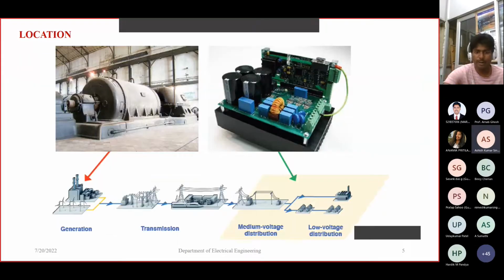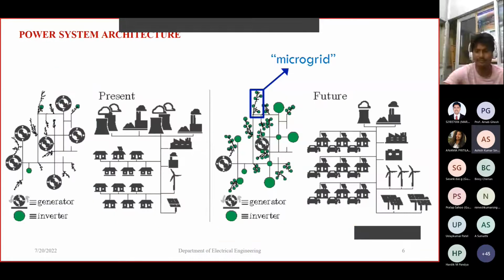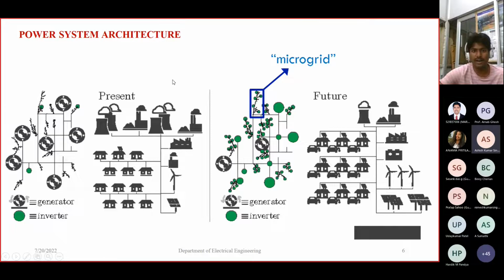Here we are talking about the location. From this figure, we can understand the difference between conventional power generation and renewable power generation with inverters. Coming to the next slide, here we can understand the power system architecture. The present power system architecture is shown on the left side. The right side is the futuristic microgrid. Here you can see the conventional power generation is reducing, and we are using renewable energy sources by using inverters.